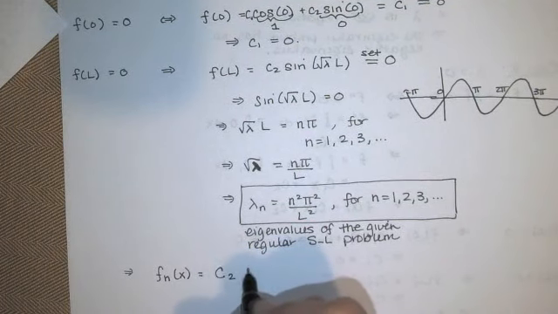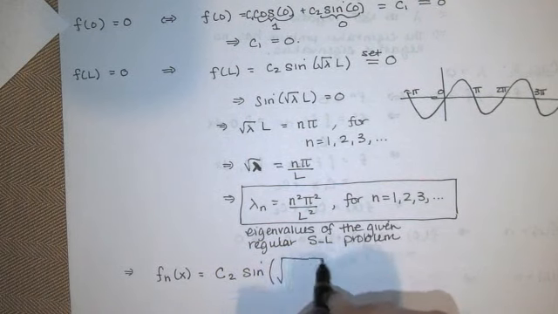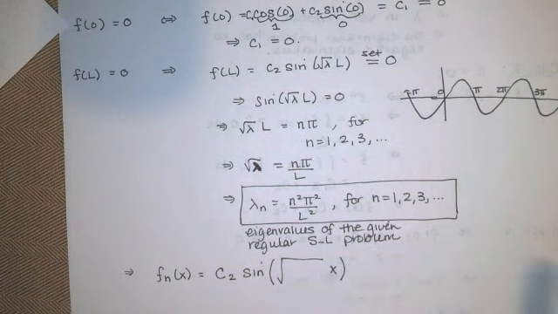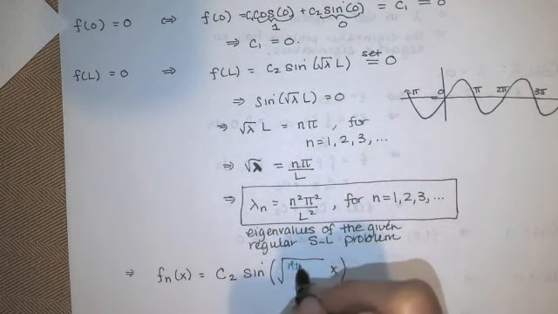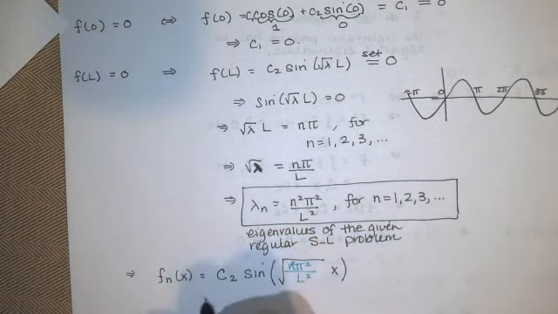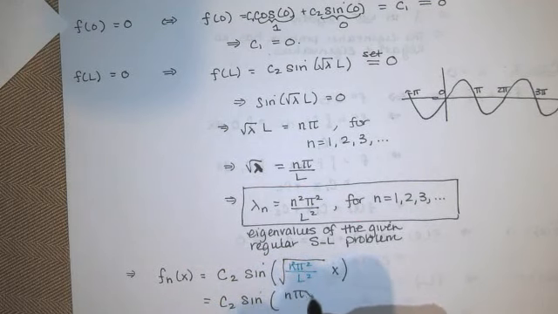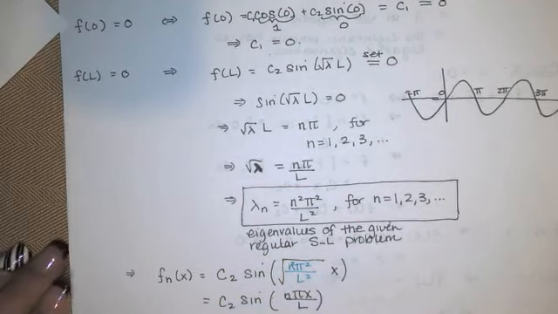So we're going to have C2 times sine of the square root of lambda times x. And of course, we're substituting in n squared pi squared over L squared for lambda. This is n pi x over L.